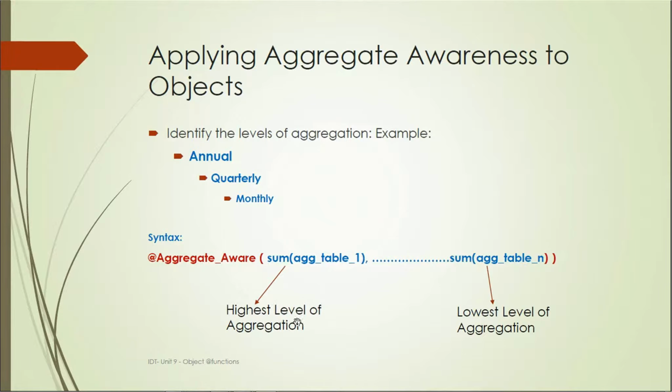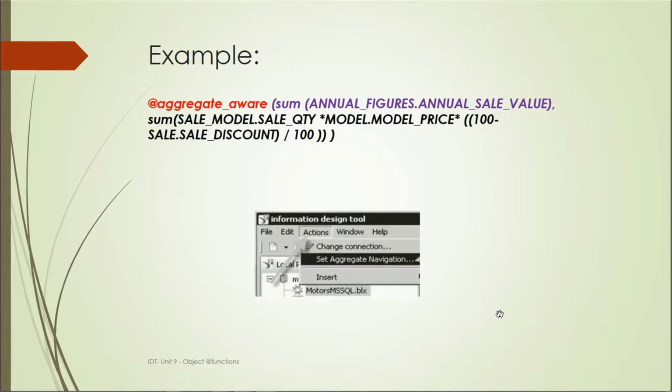The first table will be the highest level of aggregation, that means the annual level, and the last one will be the lowest level, the monthly level. So this is an example. We use sum of annual figures, but with aggregate aware this will be used first.